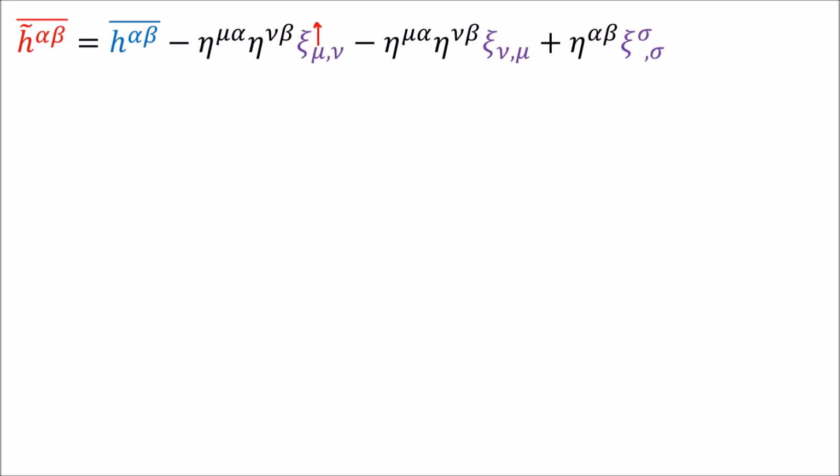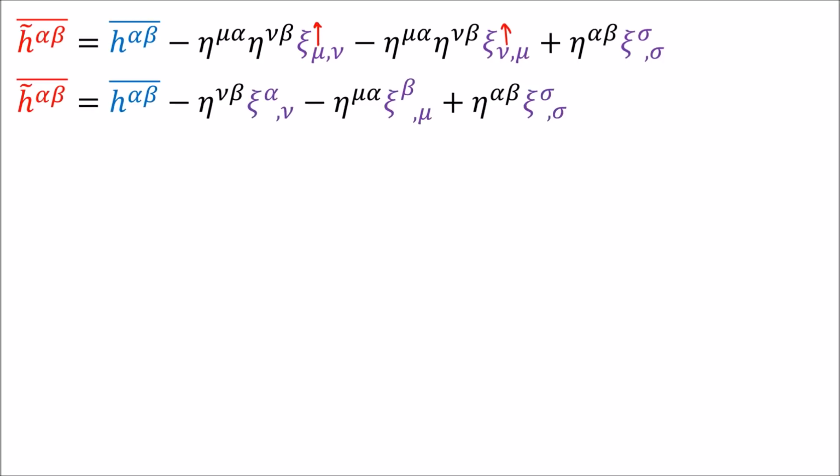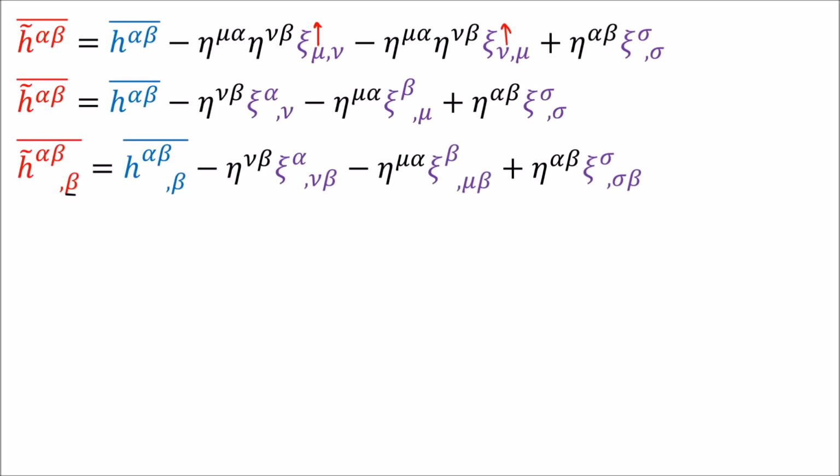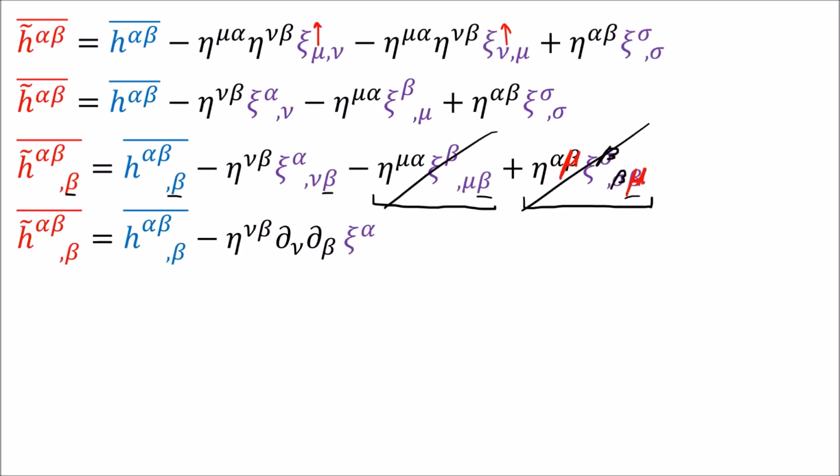Some of these etas can raise mu and nu indices, and if we take the derivative of all terms in the beta direction, because the order of partial derivatives doesn't matter, and because the eta metric is symmetric, these last two terms are actually equal if we relabel the summation indices in the right way. So they cancel out.